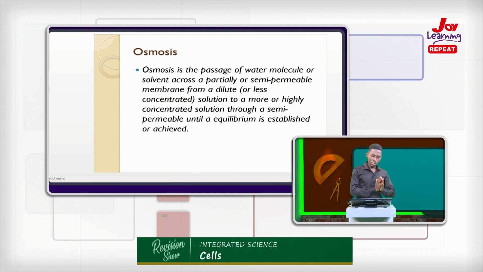Either I use the words less concentrated, dilute solution, or, as we usually do it, water from a region of higher concentration of water to a region of lower concentration of water, which is common in the textbooks. But to make it easy, you can say from a dilute solution to a more concentrated solution through a semi-permeable membrane until equilibrium is established.